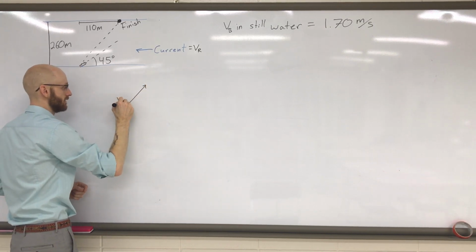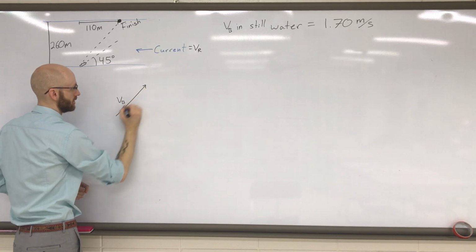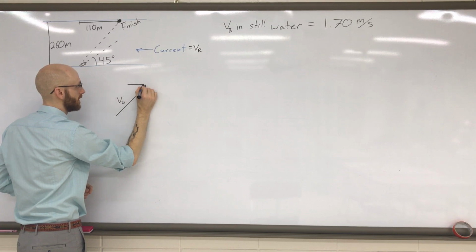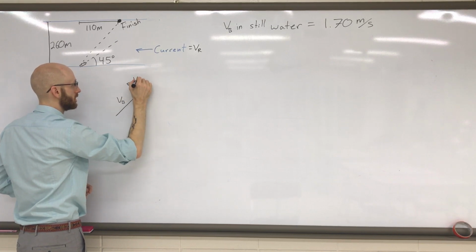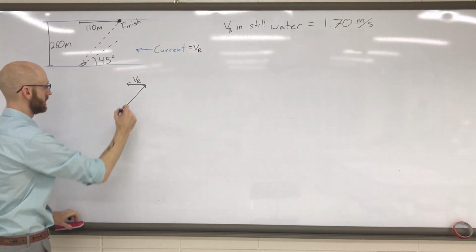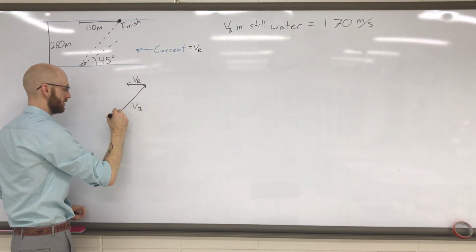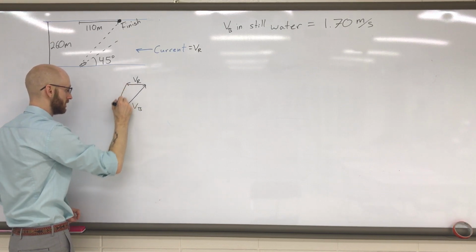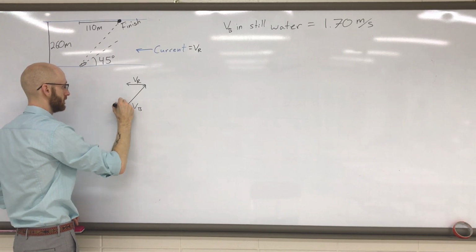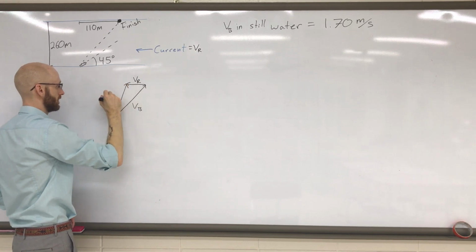V boat is that way, in this direction, right? This is its magnitude. V river is that way. Maybe I'll write this below here. So the total velocity of the boat would look something like this.